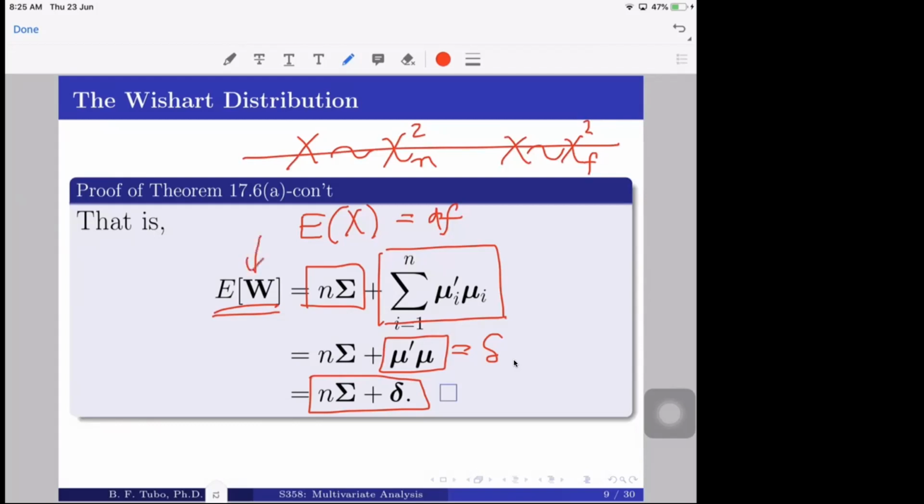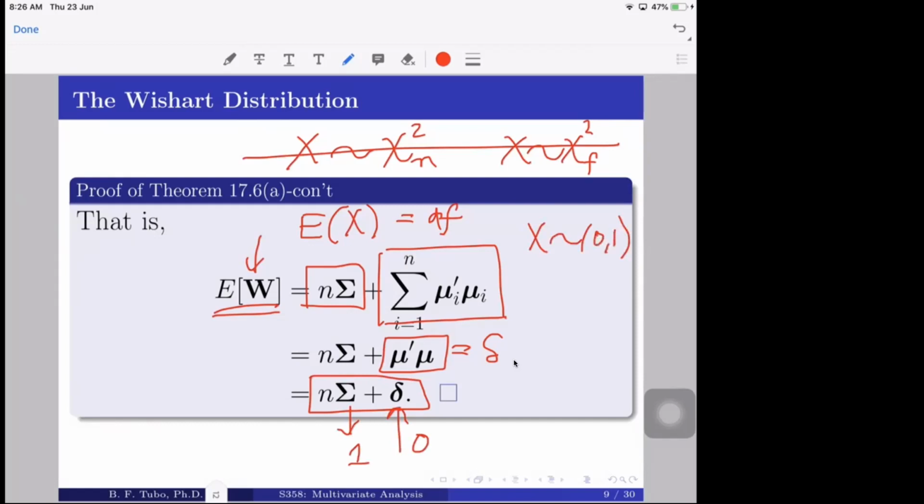But when it is Wishart distributed in the generalized form, the expected value is n times sigma plus delta. When it is just a central chi-square, delta becomes 0 and your sigma is 1. That's why in the univariate case, it starts from a standard normal 0, 1.